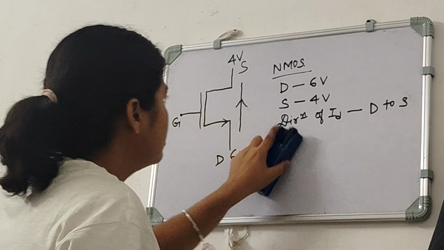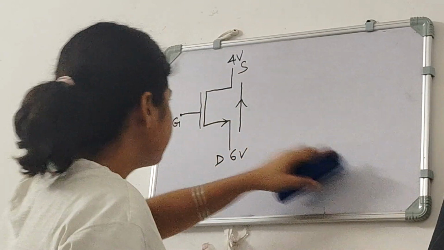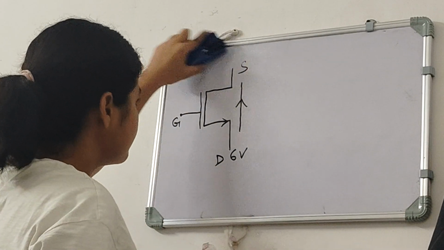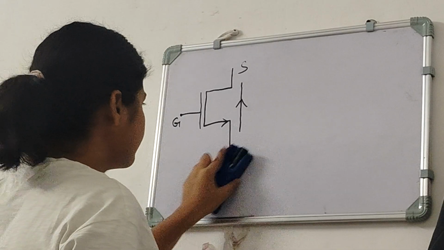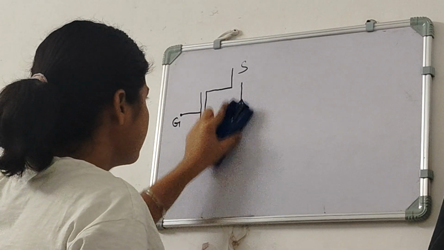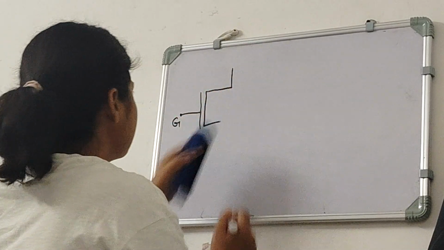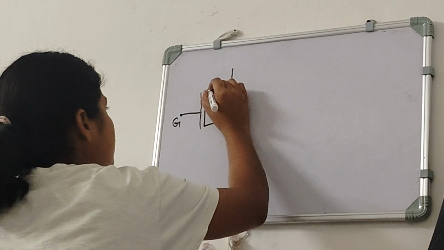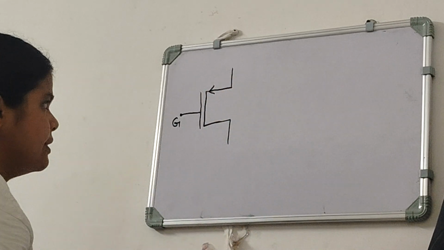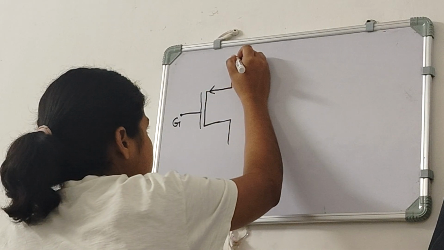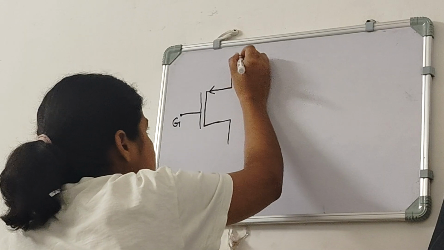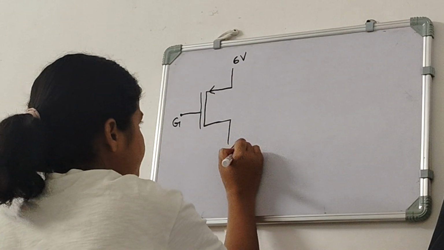Now if we talk about PMOS, for PMOS our arrow is like this, and let us suppose it is again 6 volt and it is 4 volt.